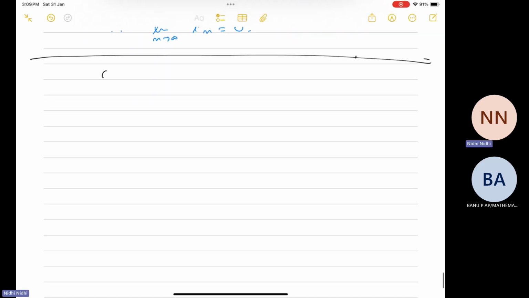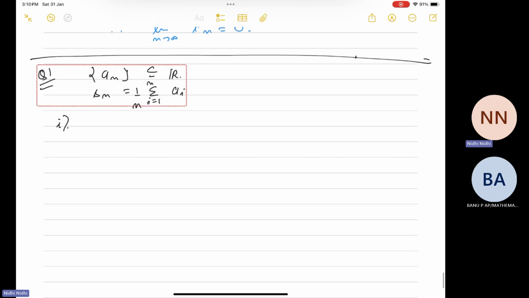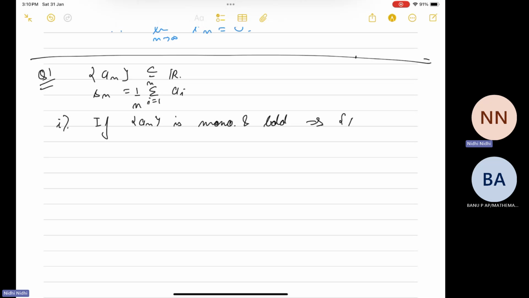Write it again. We have a sequence of real numbers an, and using this an, we define the sequence Sn, 1 by n summation i from 1 to n ai. And the first part said that if an is monotone and bounded, then that would imply the same for the sequence Sn: Sn is monotone and bounded as well.